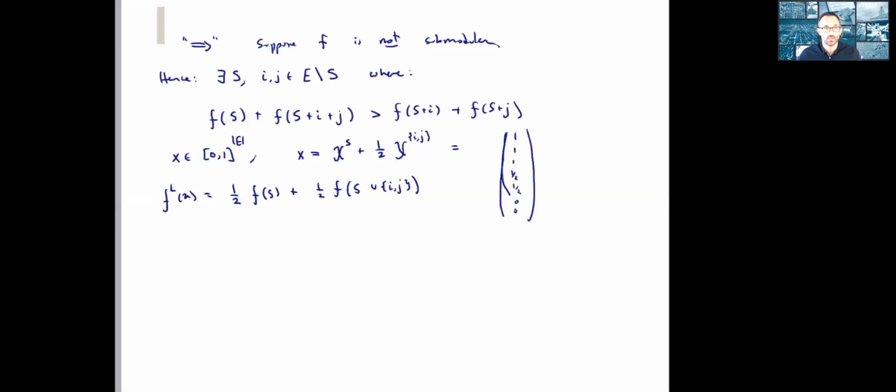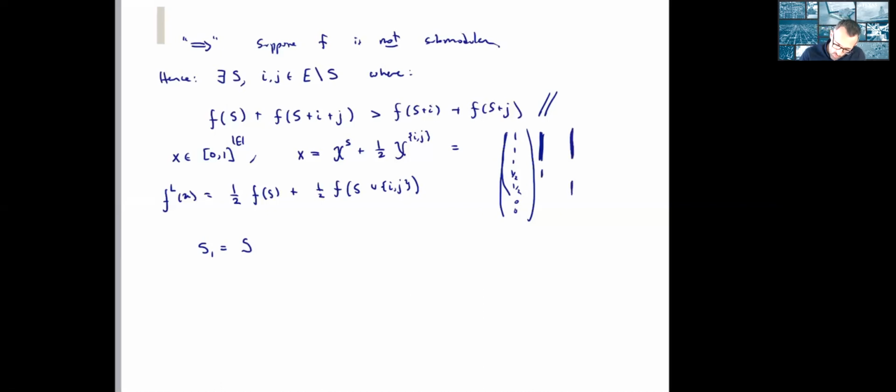So how else could I decompose this? Using the fact that I have this strict inequality which violates submodularity. And you can see what I'm going to do. I'm going to take S1 to be the values where I'm 1 plus one of the 1/2s, and S2 to be the values where I'm 1 plus the other value of 1/2.